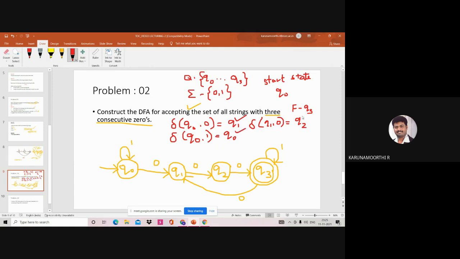So that is the definition of my deterministic finite automata. In case more than one state appears, that is not a DFA, that is for NFA. Please make sure you understand this clearly. Whenever I read a single input symbol, it will reach only one state, not more than one state. That is our definition of my deterministic finite automata. Right?